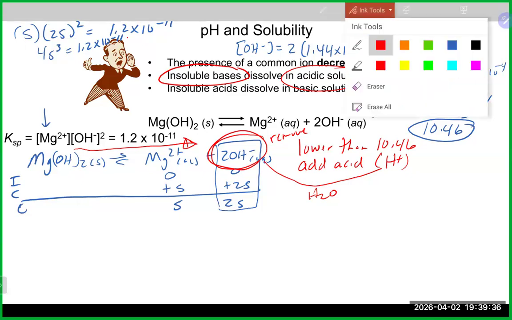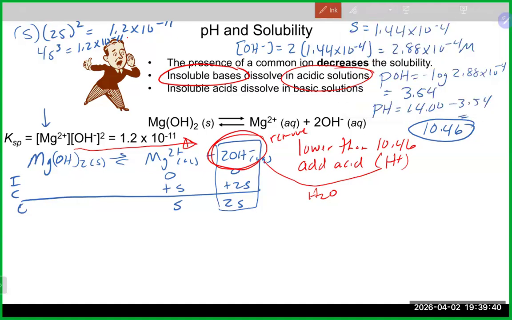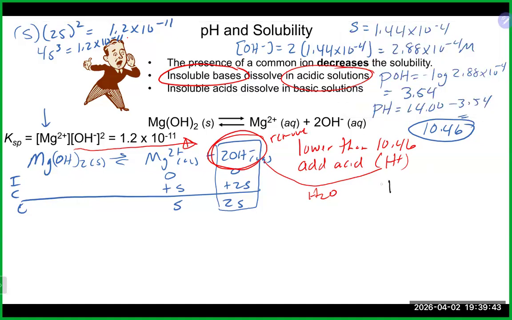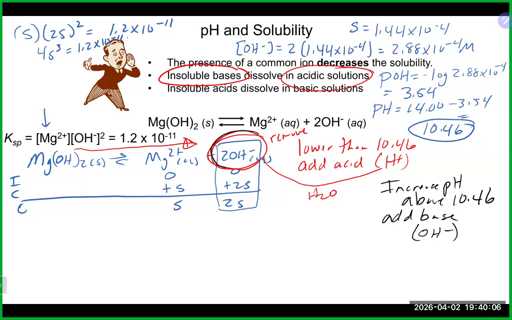Now, what would happen in this case if I decided I want to increase the pH above 10.46? If I wanted to increase the pH, I'm most likely going to add a base, right? And when I add a base, that is essentially adding hydroxide. In this particular case, hydroxide is in the equation here.